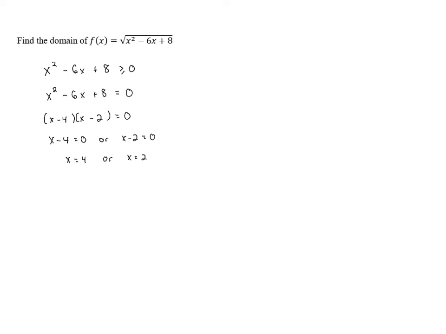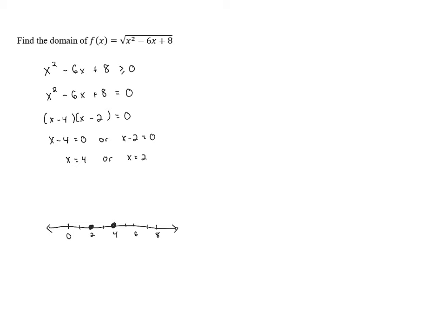We need to plot these on the number line, and we're going to be using closed circles because the inequality was greater than or equal to. So let's plot these on the number line. 0, 2, 4, 6, 8. We've got closed circles at 4 and 2.